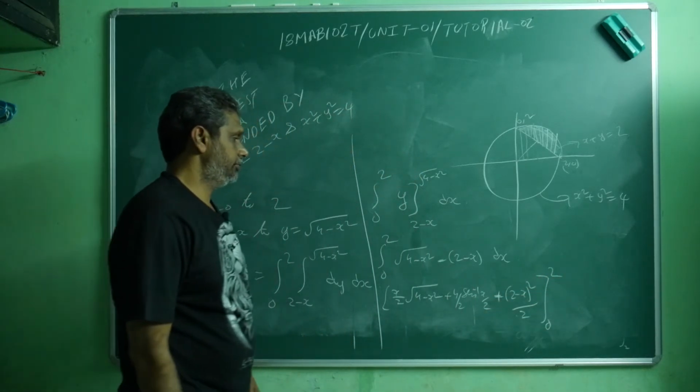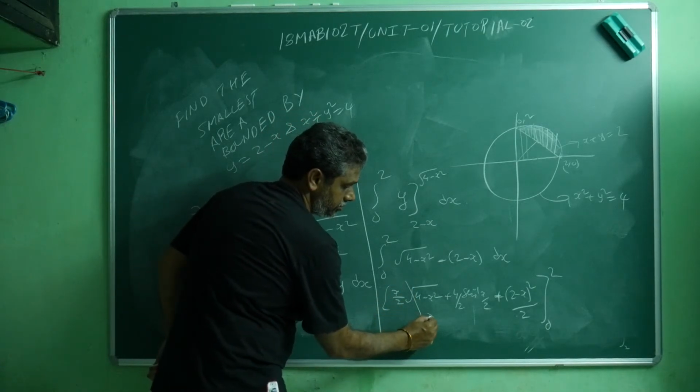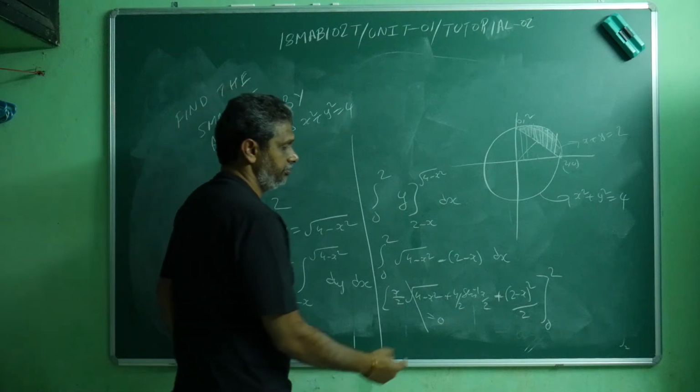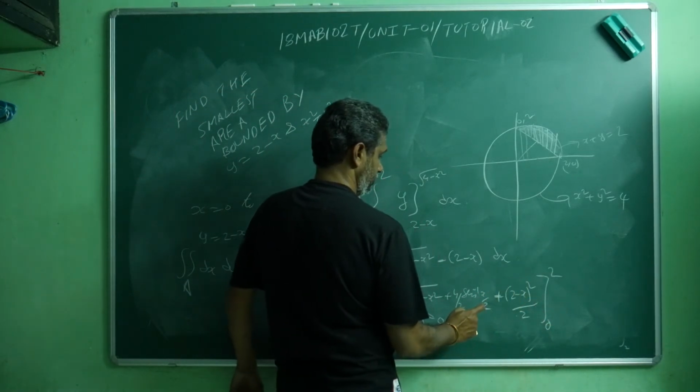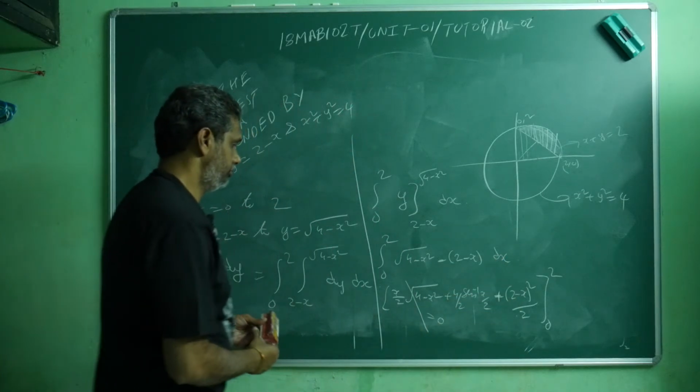Limits 0 to 2. So here the upper limit and lower limit vanish, so this is equal to 0. Here also the upper limit vanishes, only the lower limit stands. Here also the upper limit stands, the lower limit vanishes. So what will I get?